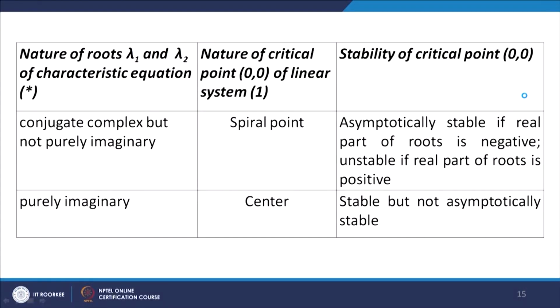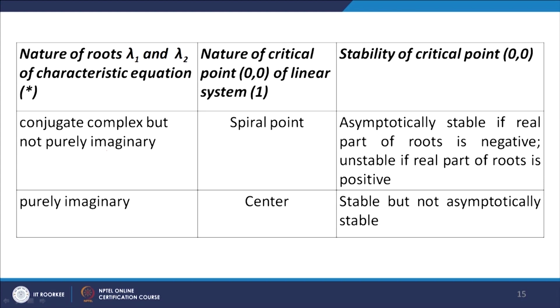Now, nature of roots. Let us consider first the case where lambda 1 and lambda 2 are both conjugate complex roots, but they are not purely imaginary, that is alpha is not equal to 0.